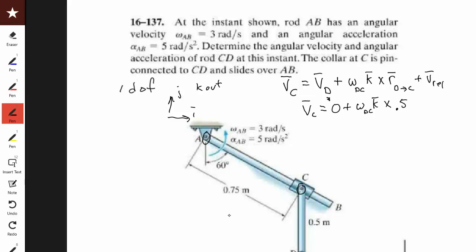So if you take the fingers of your right hand, put them in the direction of I, curl them towards J, you'll get K coming out. That's the only issue, to make sure that K is always right-handed. But anyway, so it'll be 0.5 and it's straight up, which is what I'm calling J. And then the V_REL is 0. Why? Because C and D are on a body together. They're stuck on that body together, so there's no relative velocity.